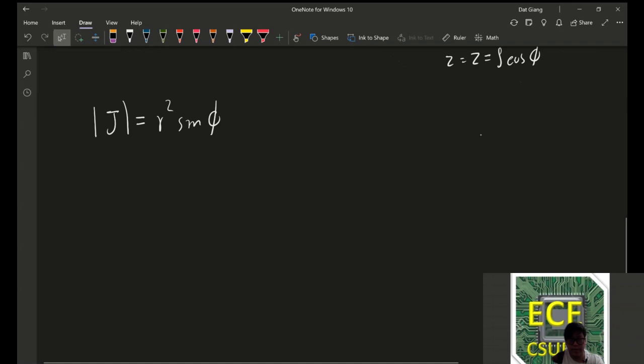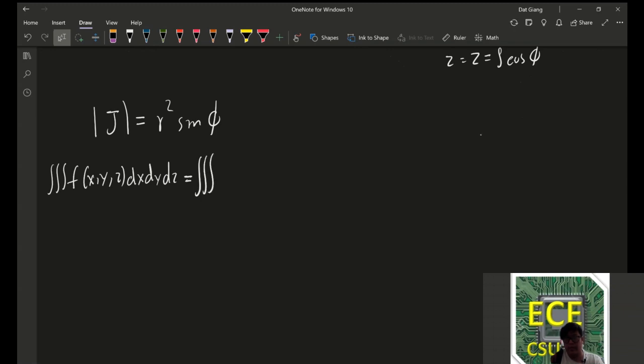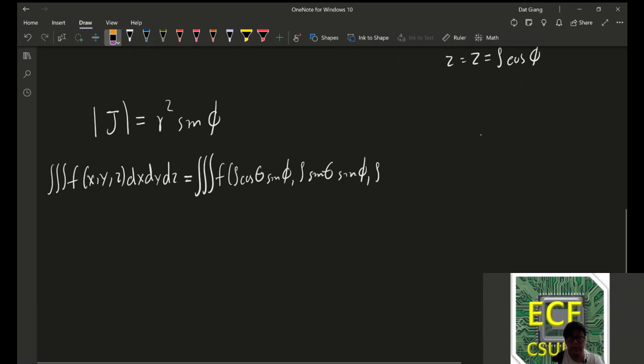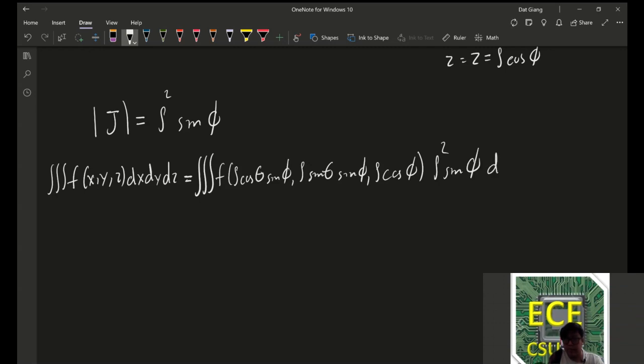Therefore, the conversion from Cartesian f of x, y, z, dx, dy, dz is equal to the triple integral of f of rho cosine theta sine phi, rho sine theta sine phi, rho cosine of phi, times rho squared sine of phi d rho d theta d phi.